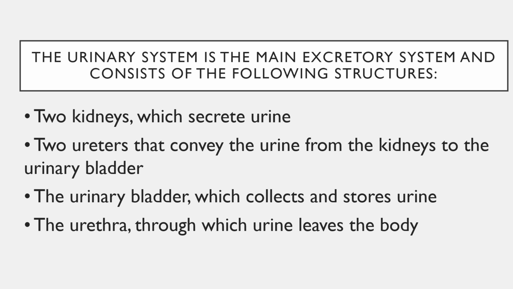Second point, two ureters. You will see this as time goes by when we are continuing with the next slides. So there are two ureters which convey the urine from the kidneys to the urinary bladder. Remember that urine comes from the kidneys. They go down through the ureters to the urinary bladder.